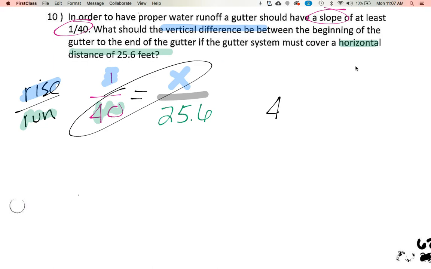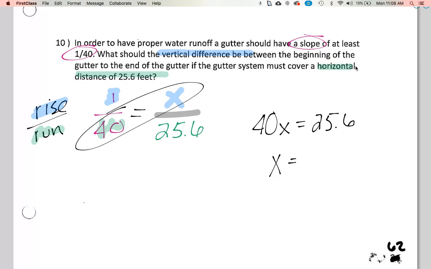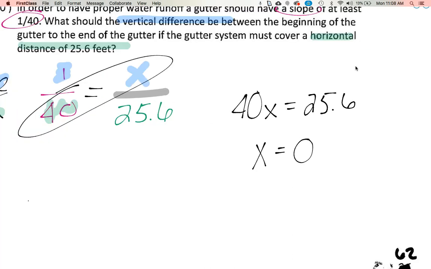So that's 40x equals 25.6. Which is 0.64, which I'm going to double check that work.